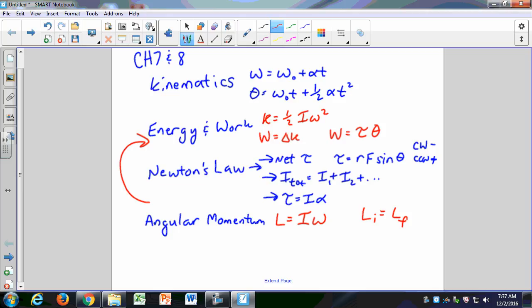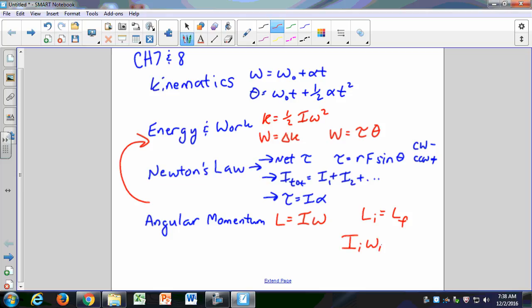Now, it might shift around from one body to another, and we did several problems where we have objects that change their moments of inertia. For example, in your homework, there's a problem where you have those four balls that are rotating around, and then the balls all move in. It's sort of like the figure skater that brings her arms in, and that causes the rotation rate to change.